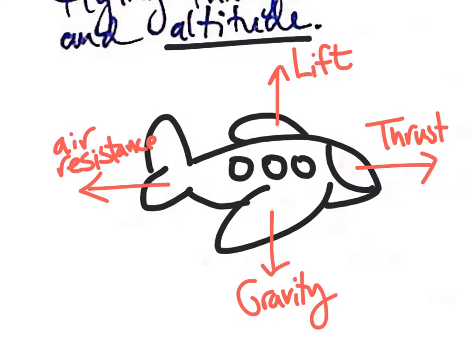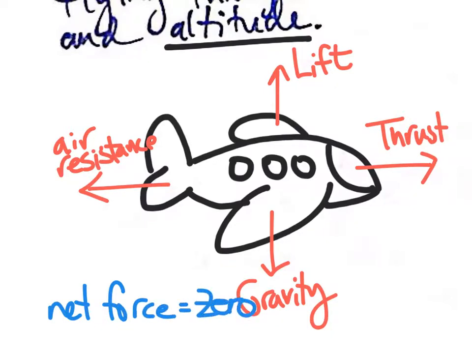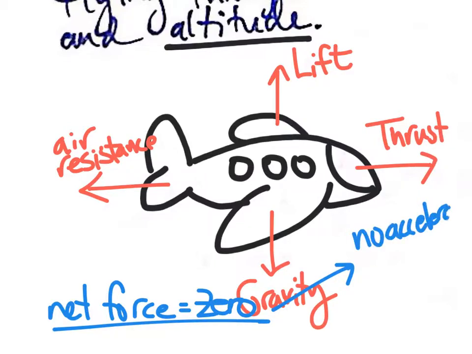And so we can say some things. We can say that the net force on it is 0. Okay, 0 newtons. That does not mean that it is not moving. The plane is obviously moving. What that means is that there is no acceleration, meaning the constant speed.